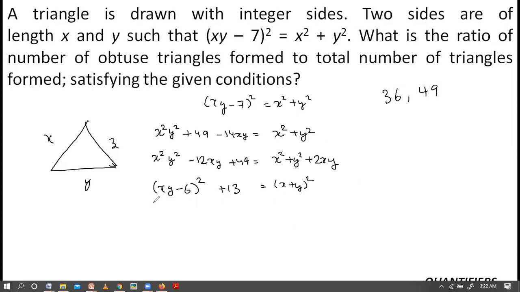So basically 6^2 + 13 is equal to 49. So this is 36 + 13 is equal to 49. So (x + y)^2 is 49, so x + y is 7. xy - 6 is equal to 6, so xy is equal to 12. So what are the values? 3 and 4 is the only possible pair.